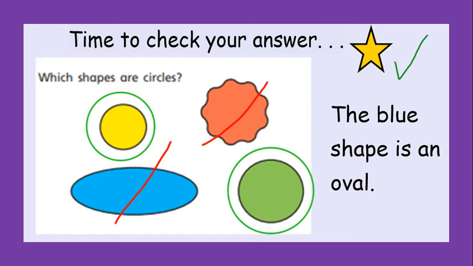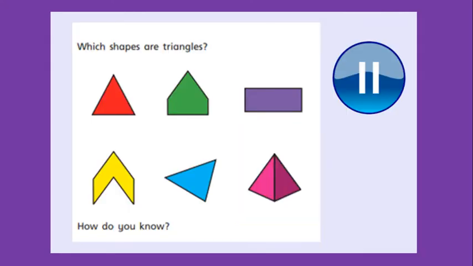So we've got two circles on this page and an oval. And an oval is not a circle. Even though it's got lovely curved edges, it's not a circle. So well done if you got that question right.